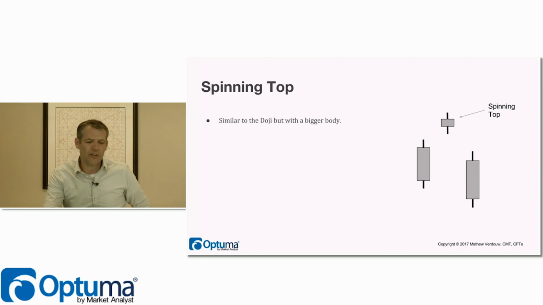Very similar to the doji, but it's just got a larger body, is the only difference there. And there's proportions on when it becomes a spinning top: a spinning top's about 1/3 of the height between the low to the high. That would be the demarcation between doji and spinning top.